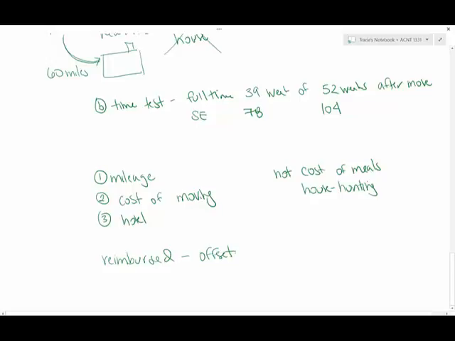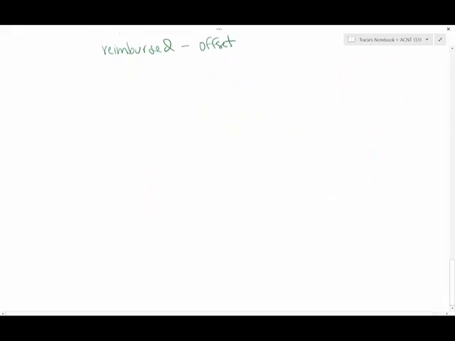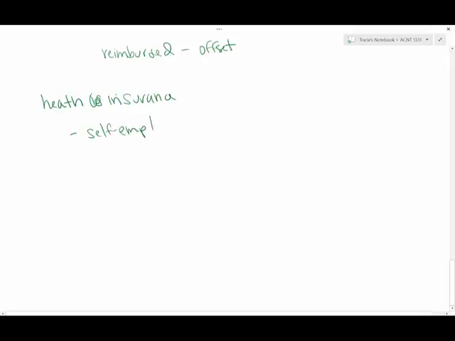Okay, great. Now let's go on and talk about a couple more indirectly related business activities. The next one is health insurance. This is a great deduction that is allowed for our self-employed individuals.